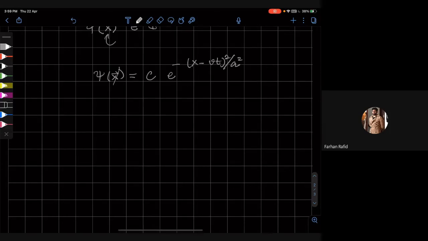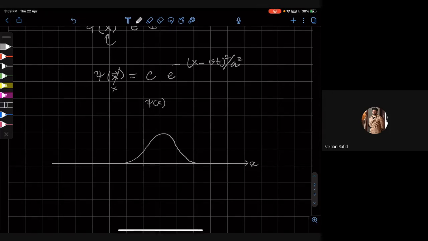So this wave function will look like this: if you have the x-axis over here, and this is a real wave function, then it's a Gaussian whose spread is going to be, I think, a over 2, or a, or 2a?